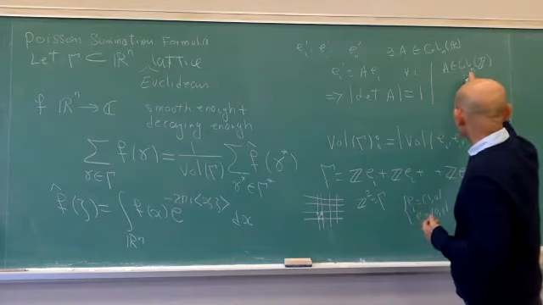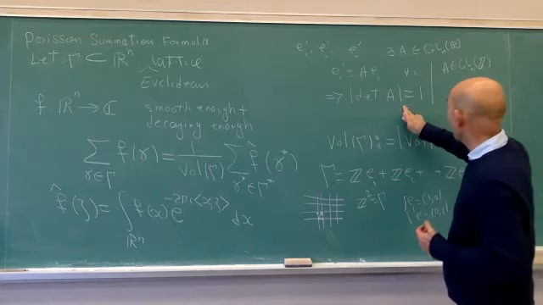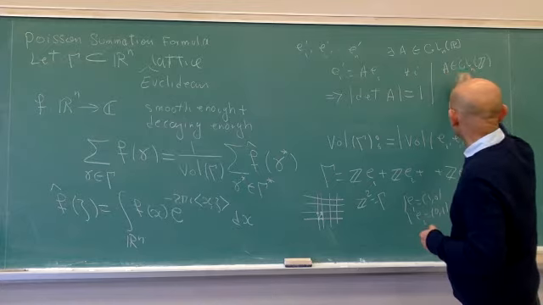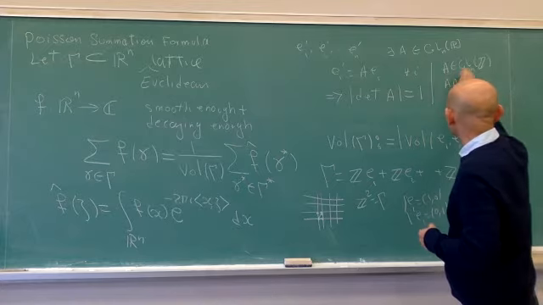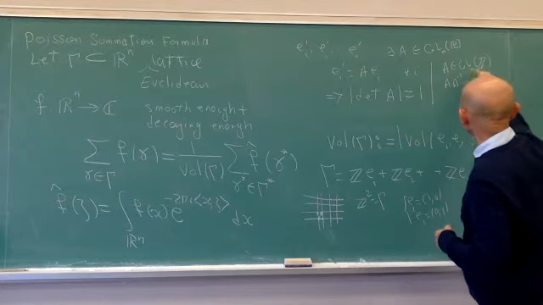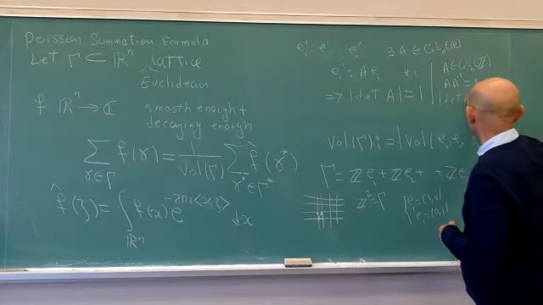So this matrix is in GL_n(Z). But any matrix in GL_n(Z) has to have absolute value of determinant 1, because if A inverse also belongs to GL_n(Z), this implies that the absolute value of the determinant of A is equal to 1.